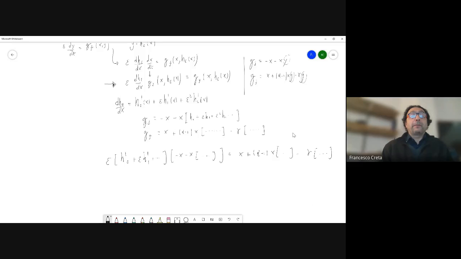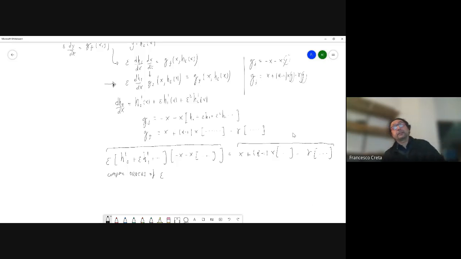Now, how do I find h1? What we do is we compare equal orders of epsilon. What does it mean? Here you have a left-hand side and a right-hand side. So you expand both the left-hand side and the right-hand side in powers of epsilon, starting from order 0, then order 1, order 2, order 3, and you essentially equate all the orders.